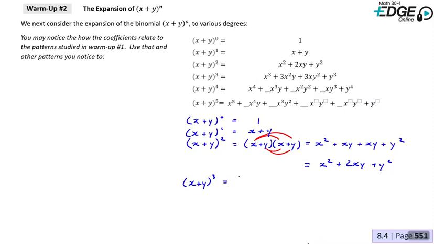Well, that does mean x plus y times x plus y times x plus y. But since we've already determined that x plus y times x plus y gives us this expression, let's jump ahead to there. So we'd have x plus y times x squared plus 2xy plus y squared.